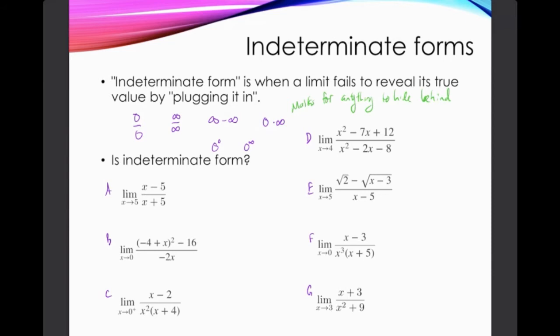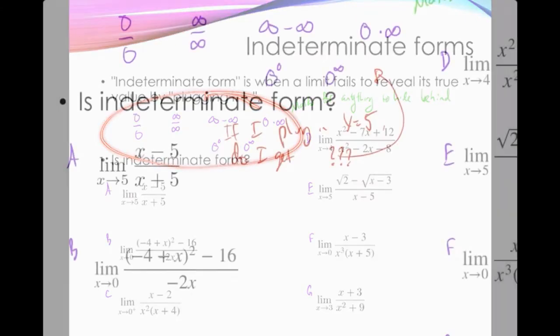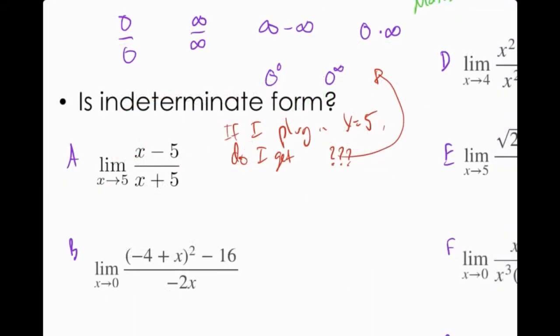So when I say is it an indeterminate form, I mean, if I plug in the point of interest, x equals 5, do I get one of these things? So I'm going to plug in x equals 5. I'm going to get 5 minus 5 over 5 plus 5. That's like 0 over 10. That's just 0. Ain't no problem there.